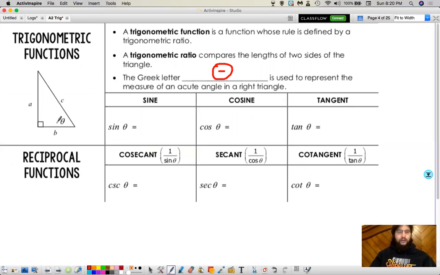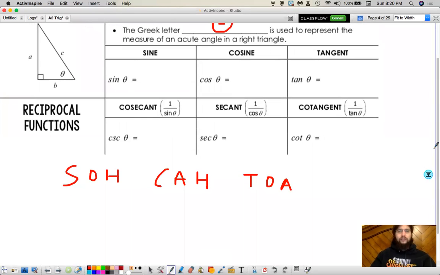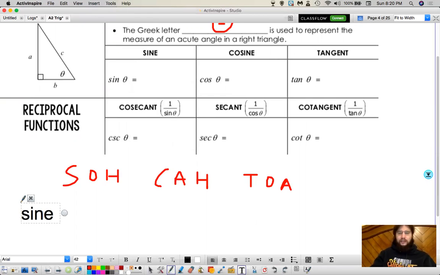Now, if we look at this triangle, sine, remember, some old hippie caught another hippie tripping on acid. That's a mnemonic I always use. If you don't like it, whatever, I don't care. Sine is opposite over hypotenuse.